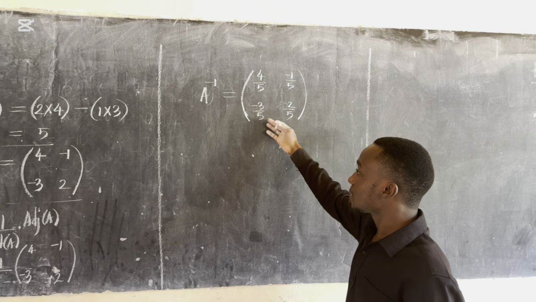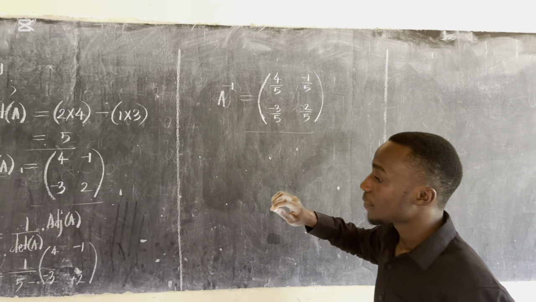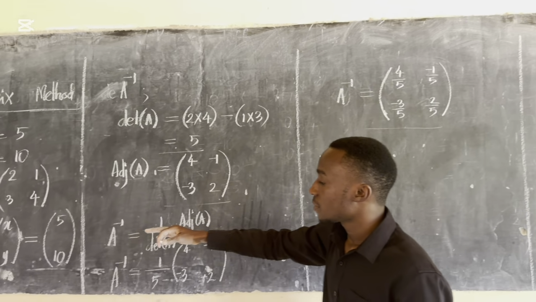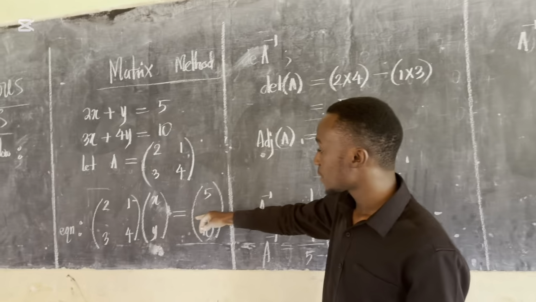After getting our inverse, we are now going to multiply this A inverse on the left-hand side and the right-hand side of this equation.